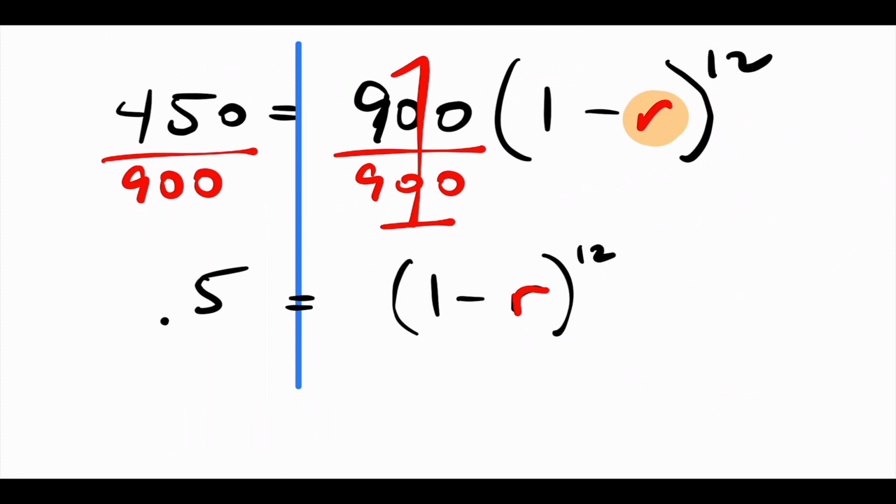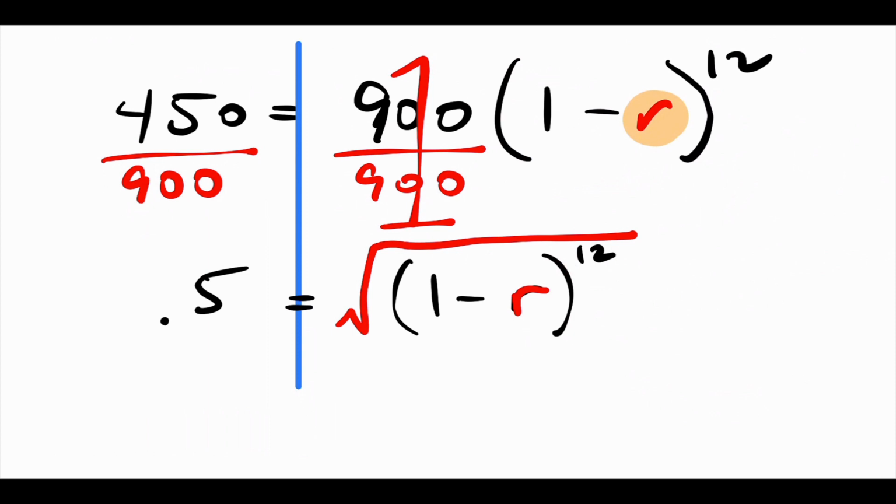Okay. So now I have to deal with the parentheses that I couldn't deal with before, right? So what do I do? Well, like I said, if this power up here was a 1, I wouldn't have to worry about this. So I need to get rid of this power. How do I undo a 12th power? By a root, right? So what I'm going to do here is I'm going to take the root of this.